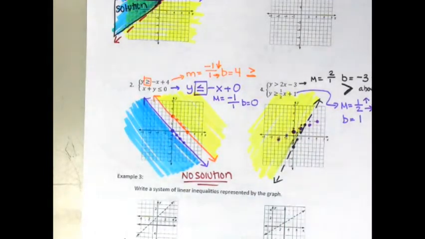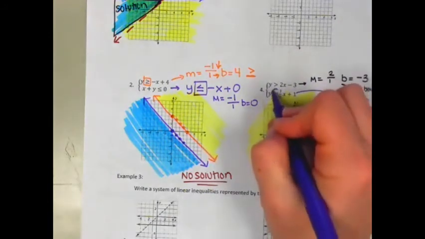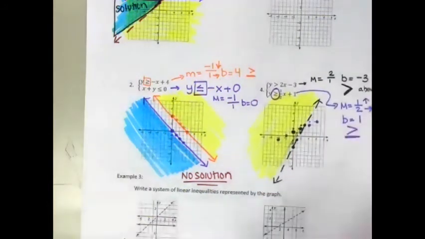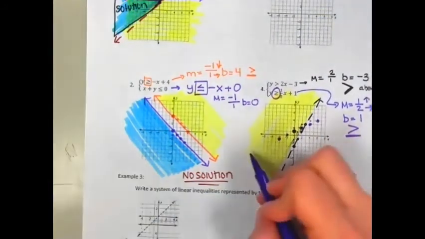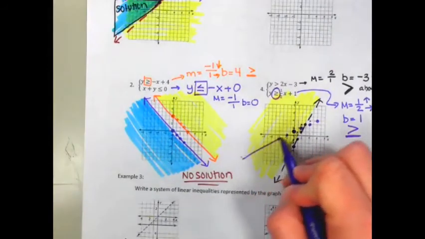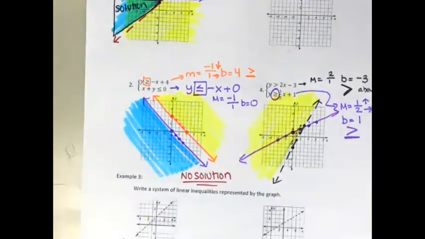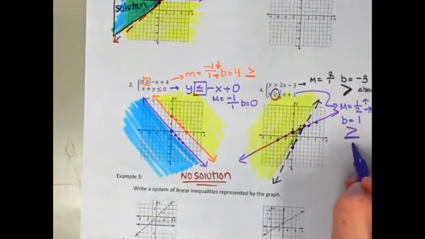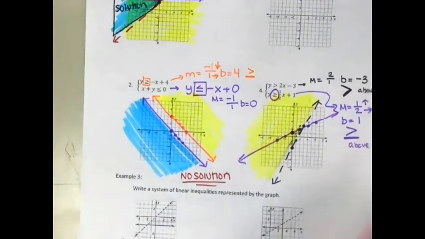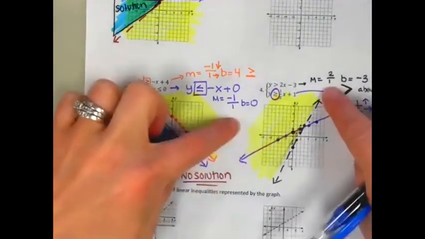Now, is that one going to be, let's look at our inequality sign. So it's greater than or equal to, dotted or solid? Solid. All right, and now, would I shade above or below this one? Above. Do you guys have an idea where your solution is going to be? Yeah. All right, so if this is the purple line, above would be this way.